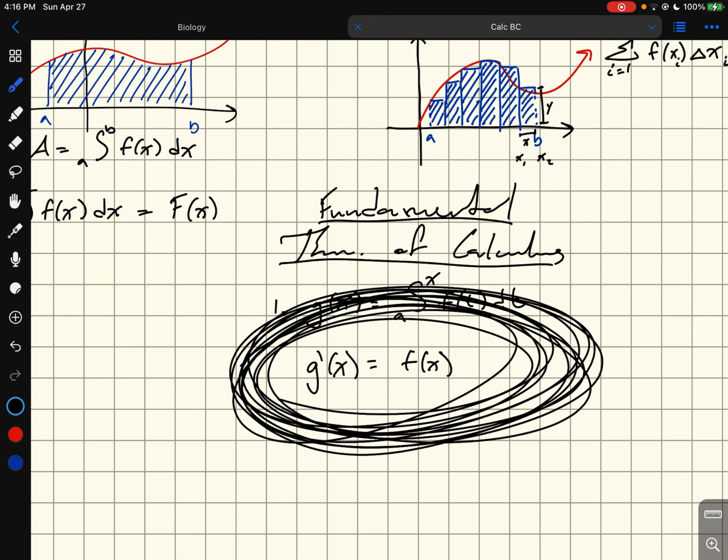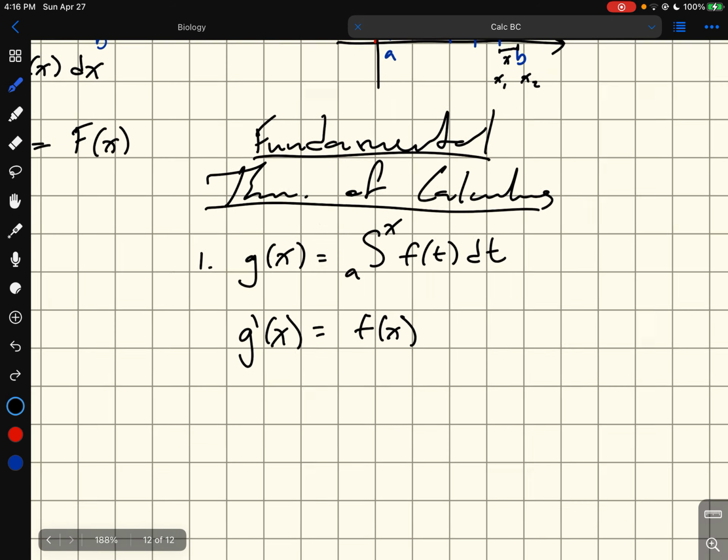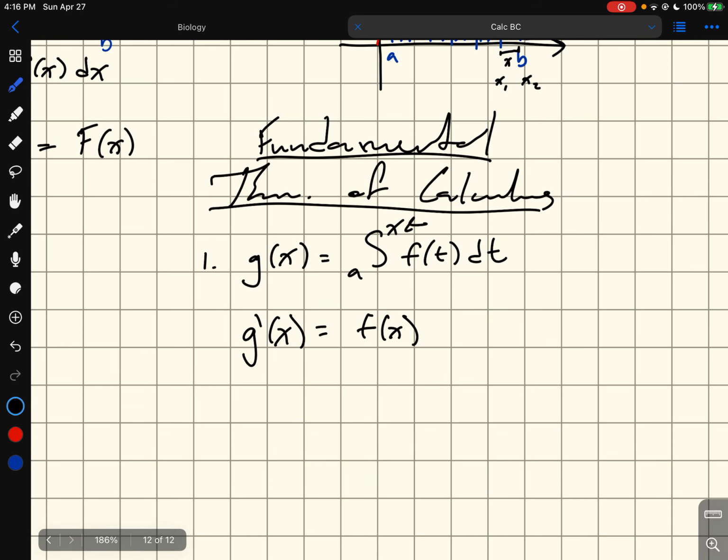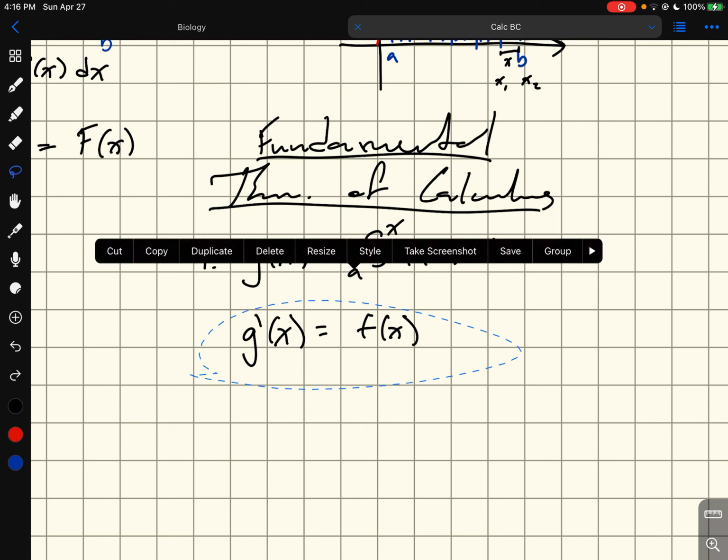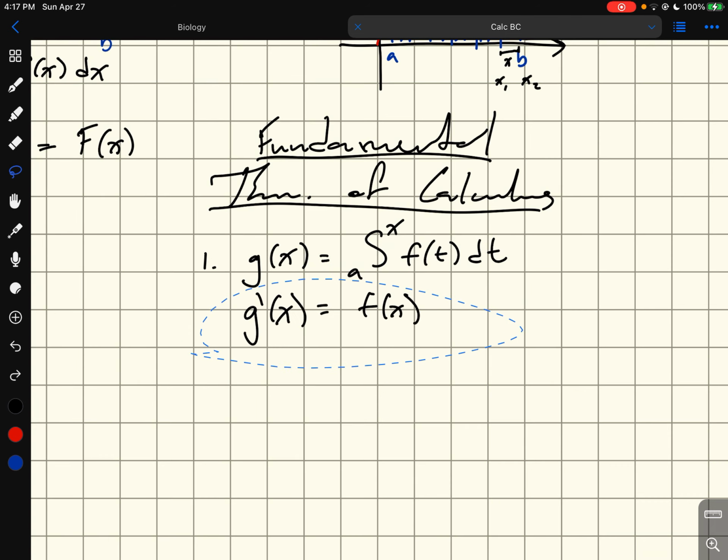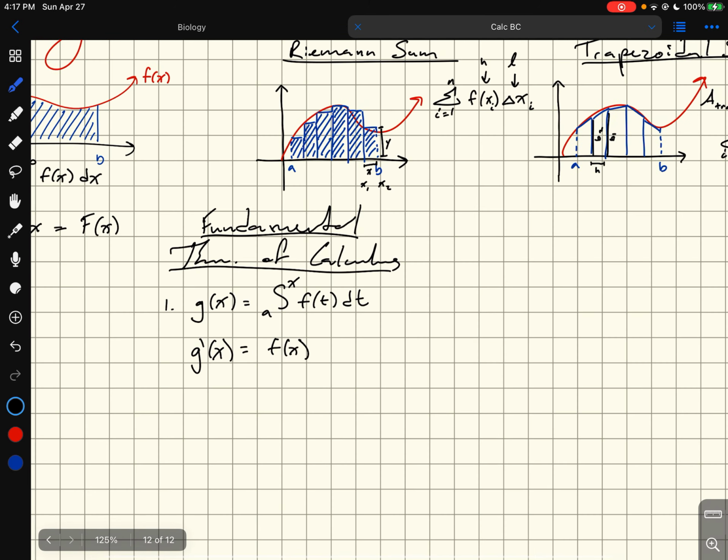So easy. Now, if you had something other than just plain x right there, you still plug it into here, but then you chain rule it. So let's do an example.